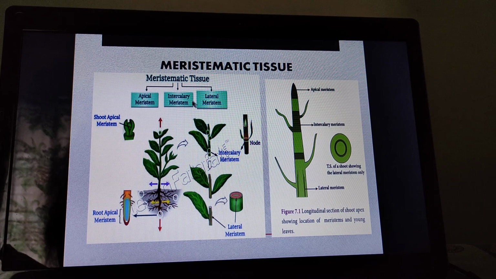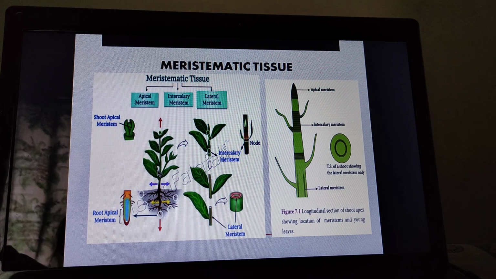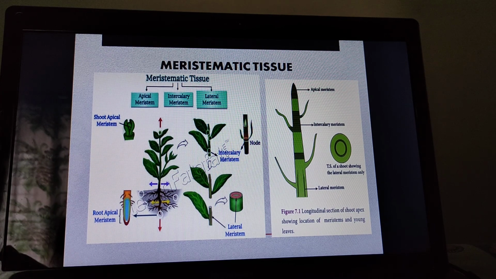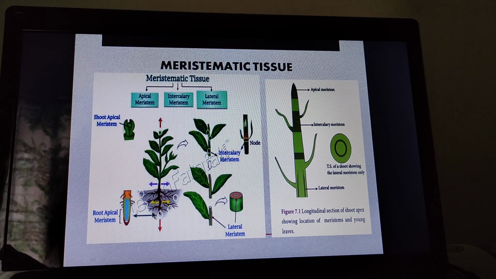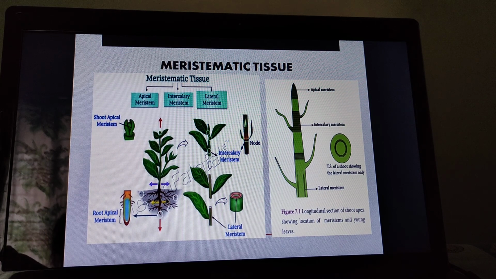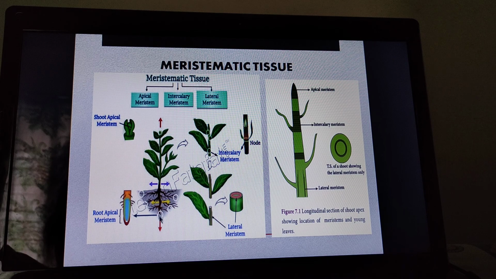Next, know about, if the apical meristem divides and grows, the plant increase in length. So this type of growth, the growth takes place at the tip portion, means apex portion, and after the growth, the plant increases in length. This type of growth is known as primary growth.